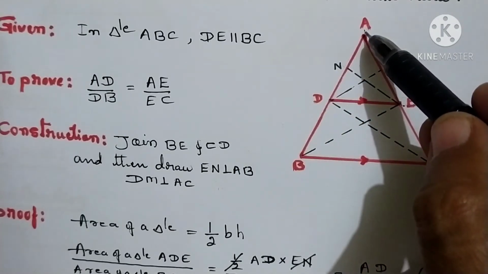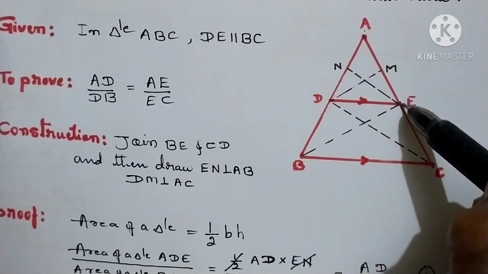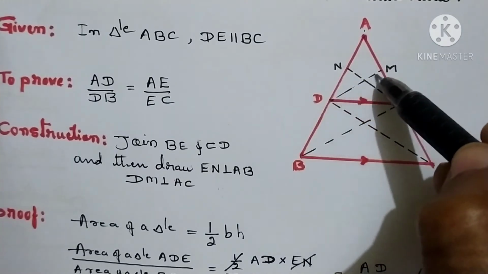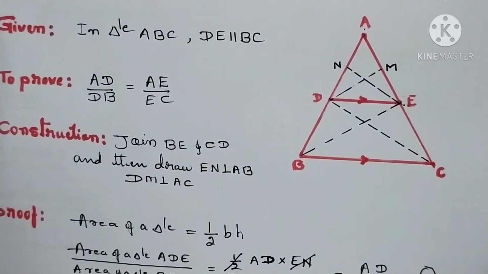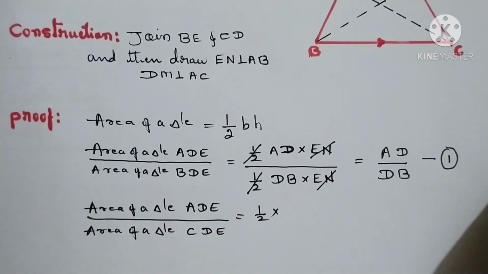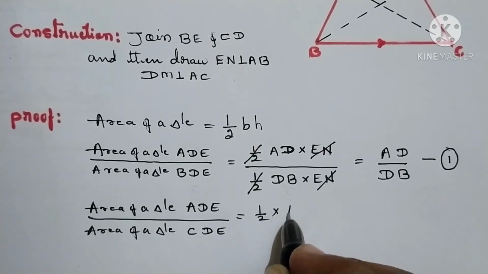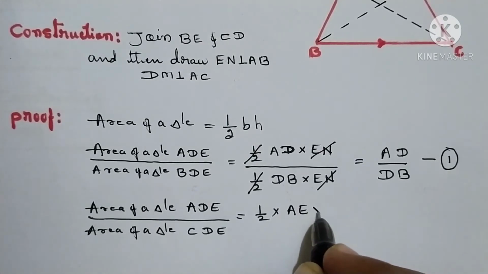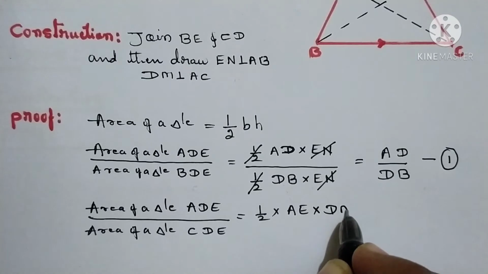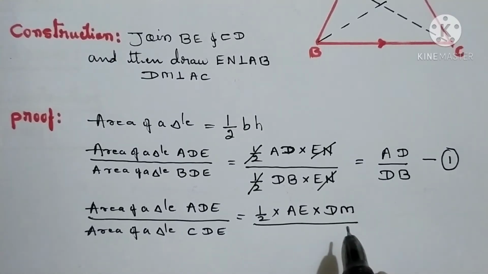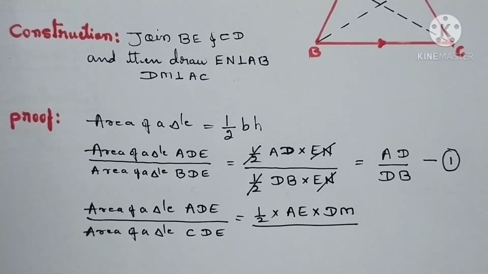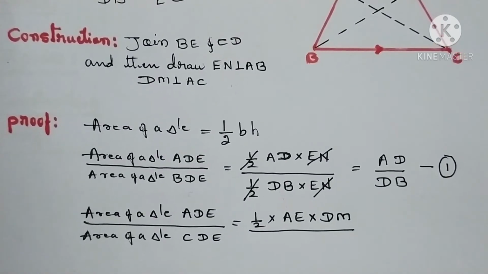Next time we should take AE as the base and DM as the height of this triangle. So here we should write AE into DM whole divided by, next, area of triangle CDE.